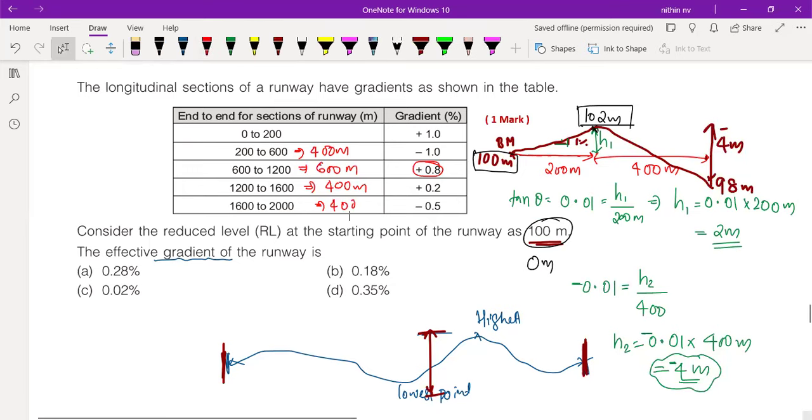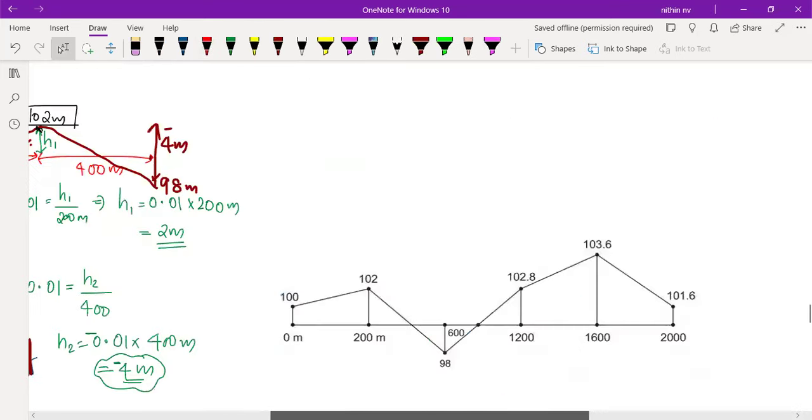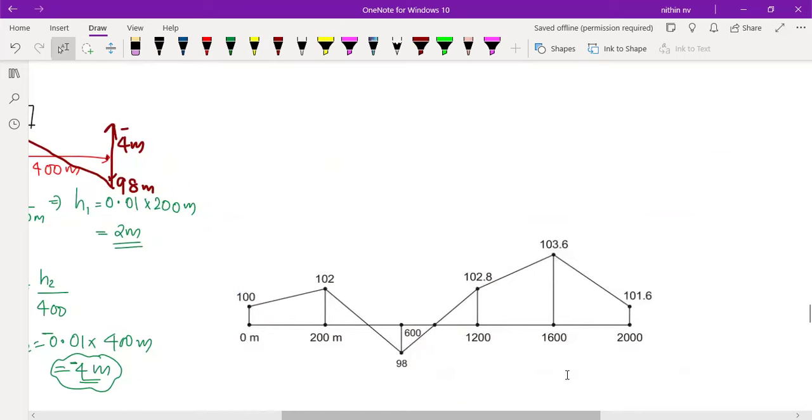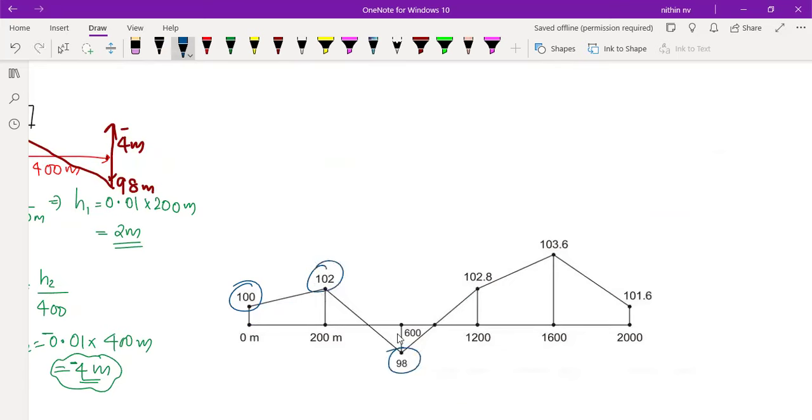We will be getting the reduced level of the final point as well. So look at this. This is what we have taken initially. You can take this as the reference also, no need to take a height of 100. And this we have calculated 102, and this we have calculated 98. Similarly, you calculate, you will get these points as well.